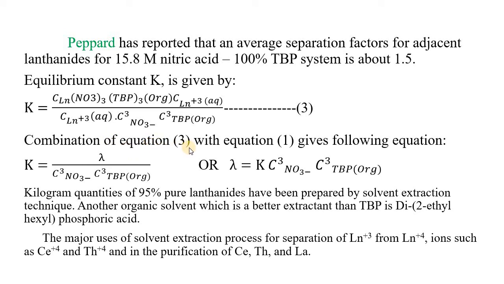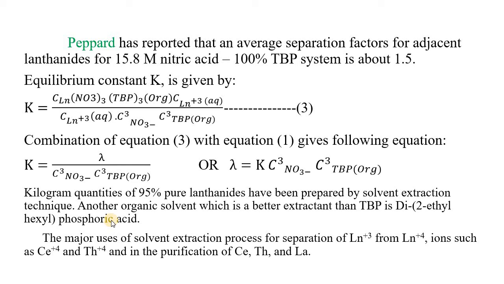Combining equation number 3 and equation 1, on solving we get lambda is equal to K, the distribution constant, times the concentration of nitrates of lanthanides raised to the power 3, times the concentration of TBP in organic raised to the power 3. Kilogram quantities of 95% pure lanthanides have been prepared by the solvent extraction technique.